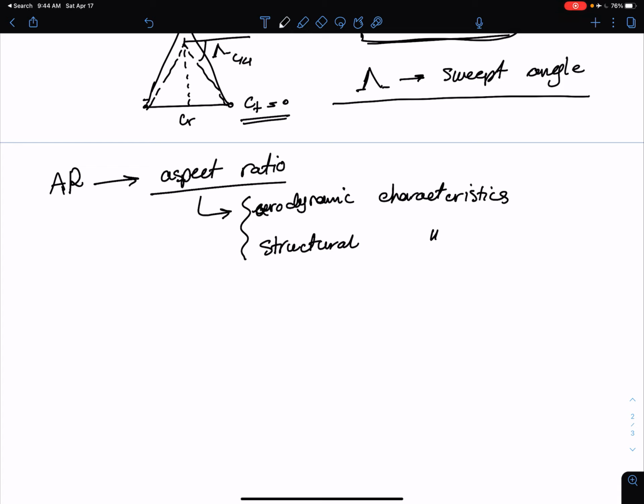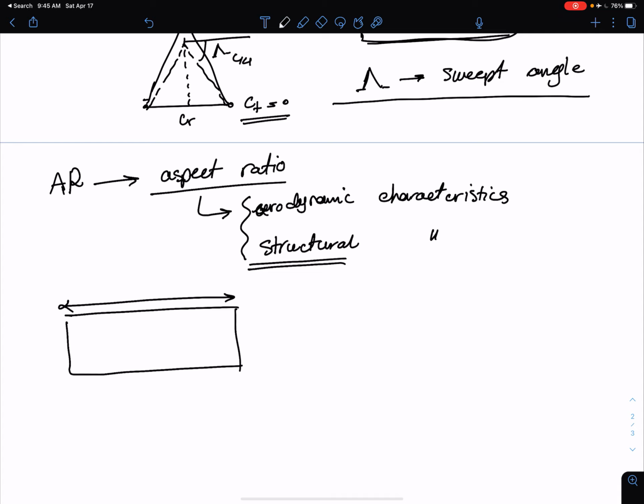Of course, the structural characteristics, we're going to see how aspect ratio is going to be very important there. But how do we find this aspect ratio? Aspect ratio on a rectangular wing is going to be this length, B, divided by your chord length.